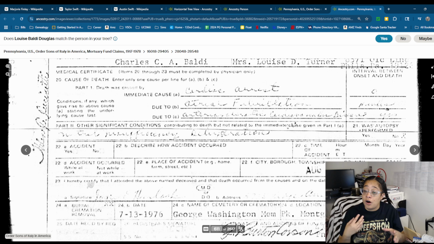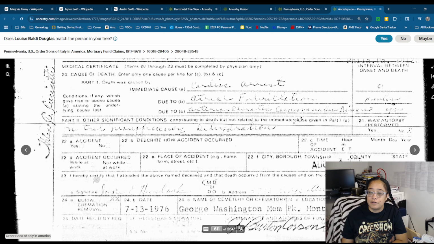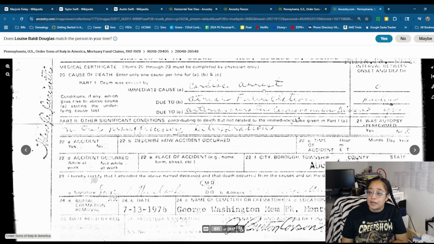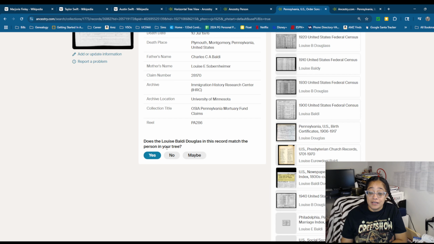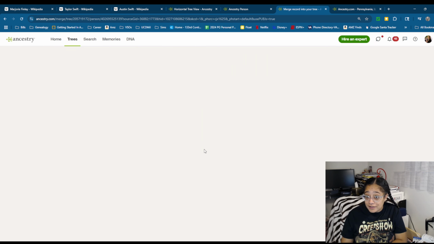So if you have a lot of medical issues and you're not in contact with your family, this is actually a great way to get your medical history information, at least a small snapshot of it. So I do recommend, if folks have the time and the means to do this, that they do request death certificates for folks in their family so they can get a fuller picture of the health of your family overall and through time. Okay. So we're going to say yes, we definitely want to save this, right?